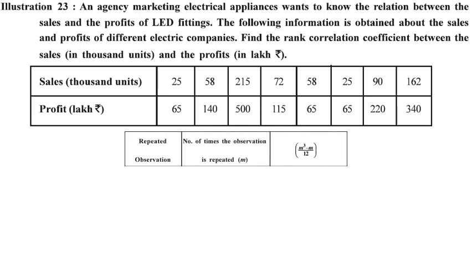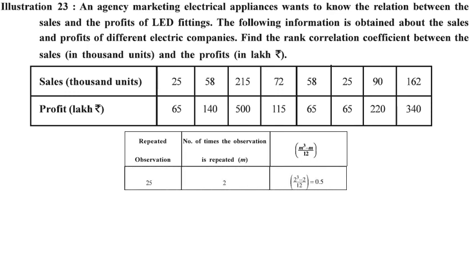Write down the 3 columns: repeated observations, number of times the observation is repeated, and m cube minus m upon 12. 25 has been repeated twice, so 2 cube minus 2 upon 12 is 0.5. 58 has been repeated twice, so 2 cube minus 2 upon 12 is 0.5.